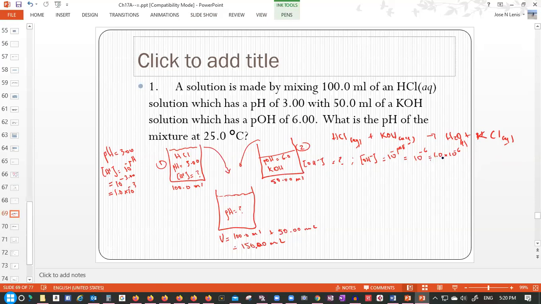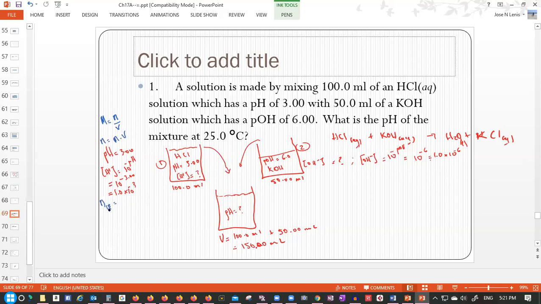So those are moles per liter. Now let's find the number of moles of OH minus and the number of moles of H plus here. How do you find the number of moles? From the definition of molarity, molarity equals moles over volume. So the number of moles equals molarity times volume.